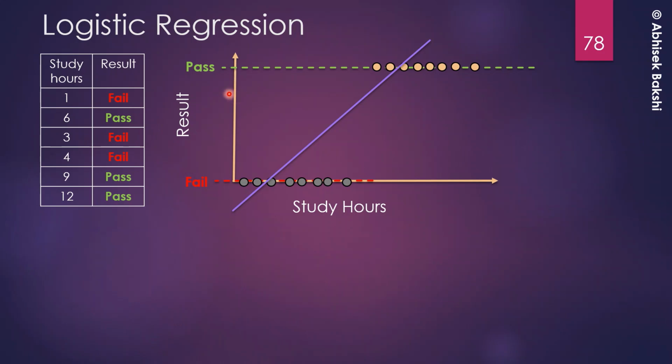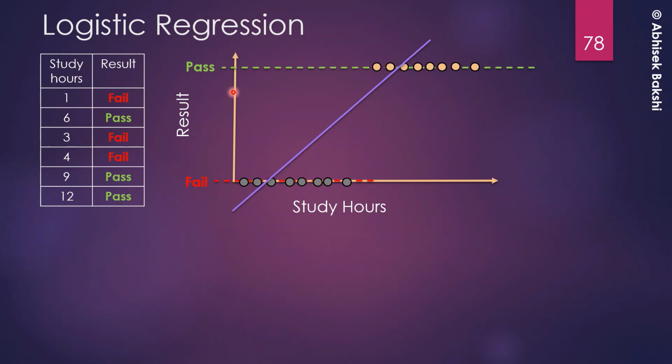Now for this y-axis value I will get some value, not definitely fail or pass, some value in between 0 and 1 maybe. And if the value is greater than 0.5, then I can say that the student has passed. And if the result is lesser than 0.5, the student has failed.